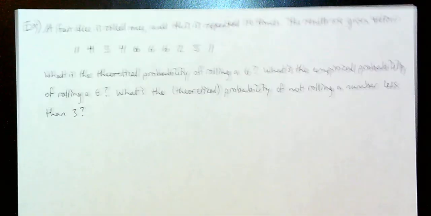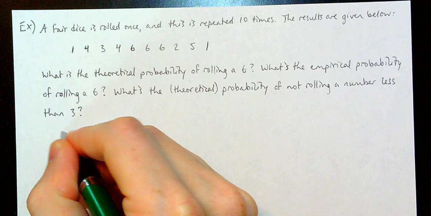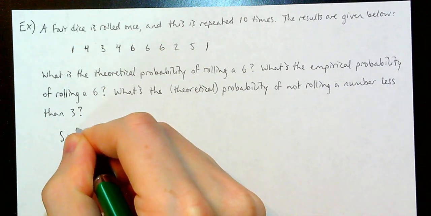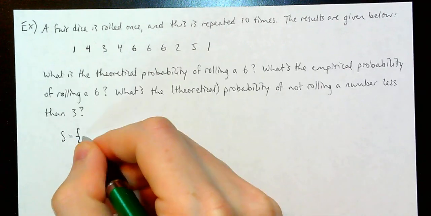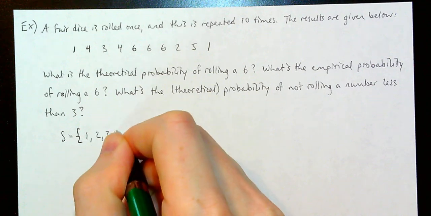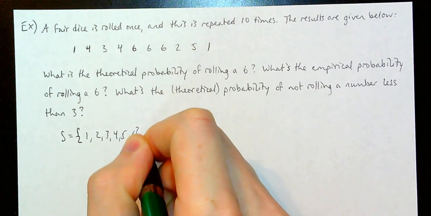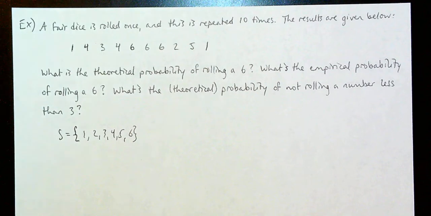So as we mentioned earlier on, in one of our previous sample problems, the sample space here is very easy: 1, 2, 3, 4, 5, and 6. Nothing complicated happening there.